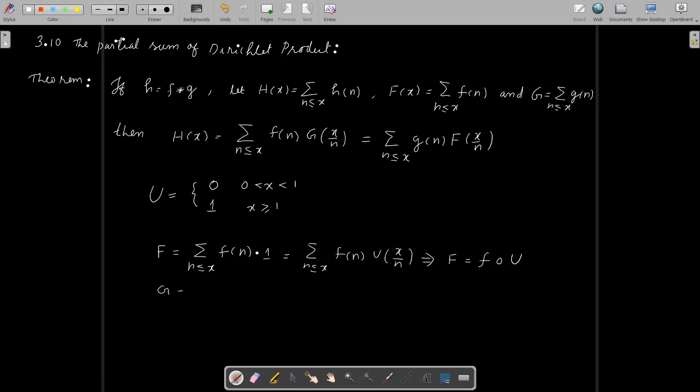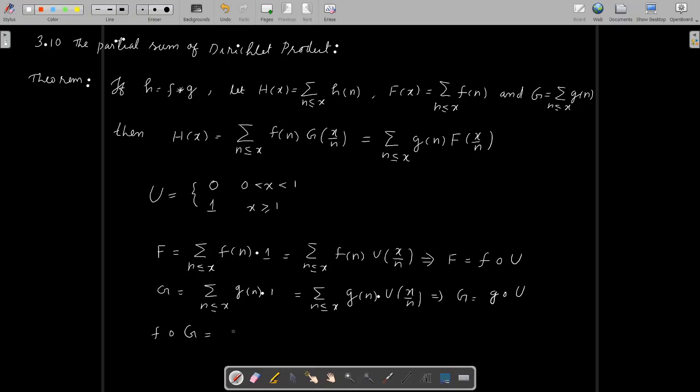Similarly, if we start with g, you have the same result, sigma n less than or equal to x, g of n into 1, that is equal to sigma n less than or equal to x, g of n times u of x by n, that gives capital G as small g convolution u. Now, what is f convolution capital G?